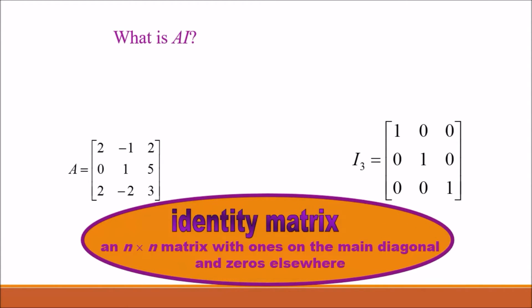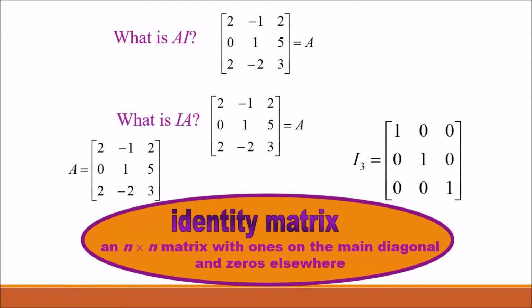What do you think? What will be the answer of the product of matrix A into matrix I? You can solve it by yourself as well. You can find out that the answer will be A. It means that A into I is equal to A. Now what will be the answer of I into A?